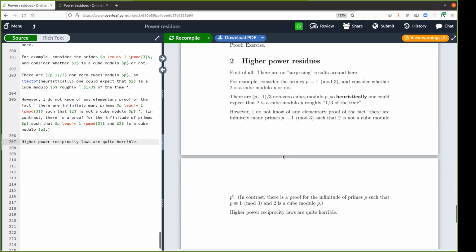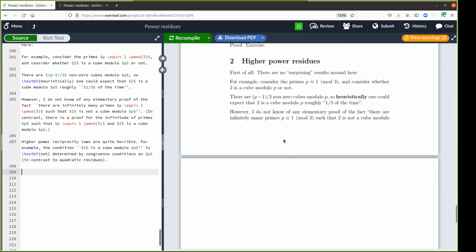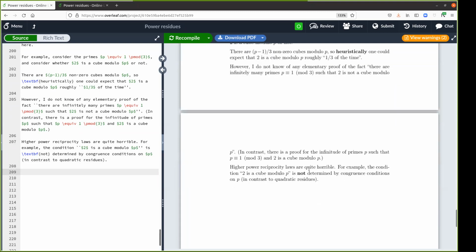The conditions no longer correspond to congruence conditions on p. It's some kind of folklore result that, of course, you can't expect this to hold.